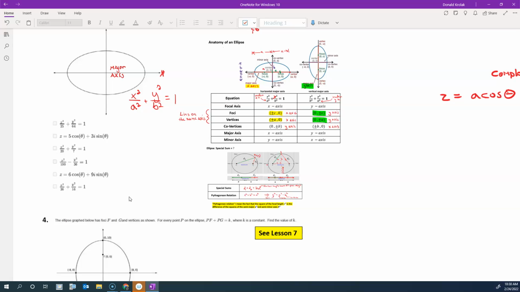So this is telling you that the value under x has to be bigger than the value under y. This is going to be the larger of the two. So I'm looking for the ones where whatever's under the x has to be larger.